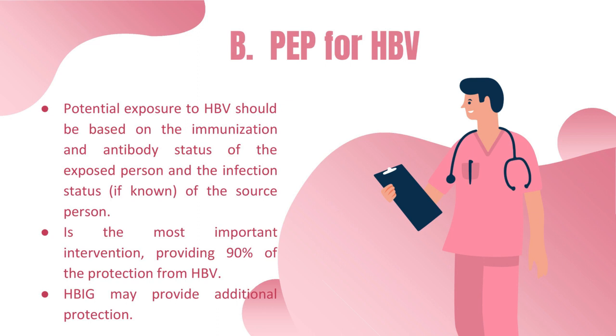Hepatitis B immunoglobulin, through immediate short-term passive immunity, may provide additional protection. Hepatitis B immune globulin and HBV vaccine can be administered simultaneously at separate injection sites using separate needles and syringes.